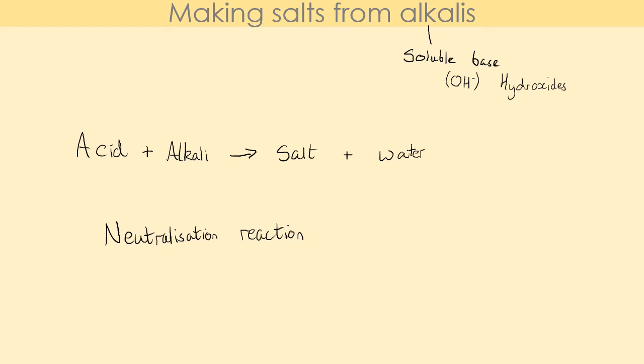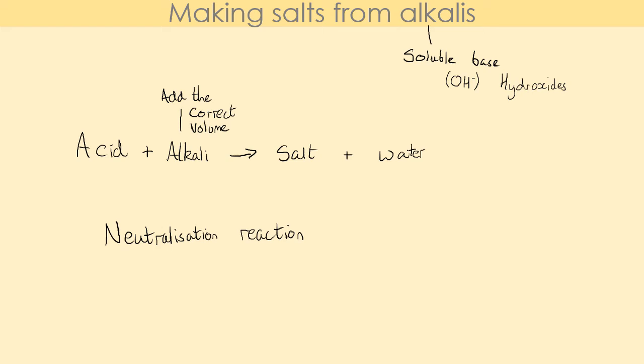To do that, we need to make sure we add the correct amount of the alkali to the acid, otherwise we will make it either not neutral, it'll still be acidic, or it will go alkaline. So we need to add the correct amount. Add the correct volume.